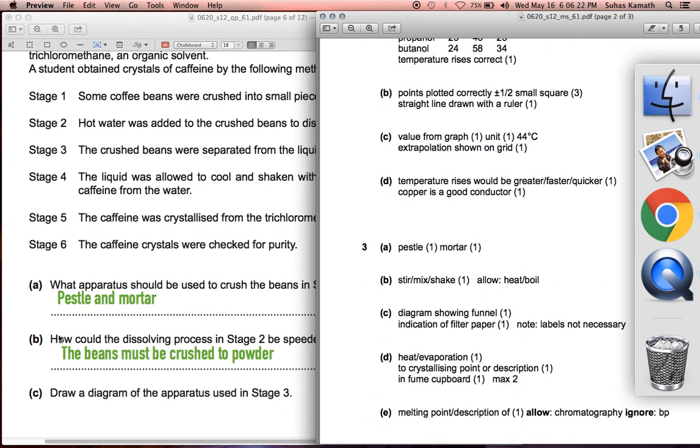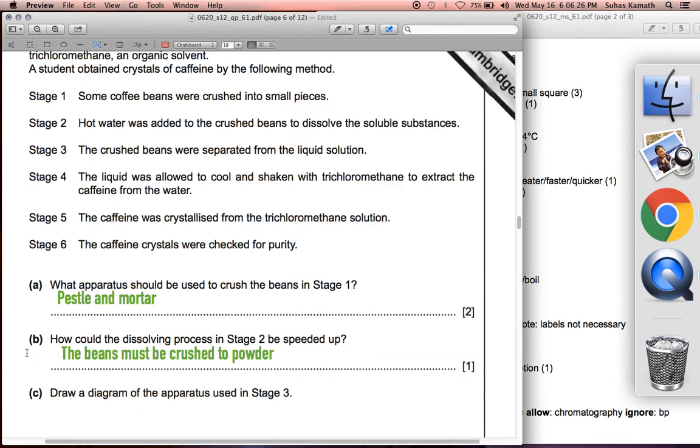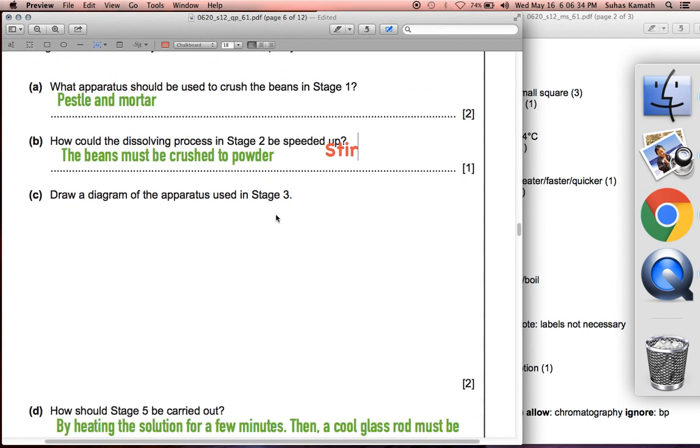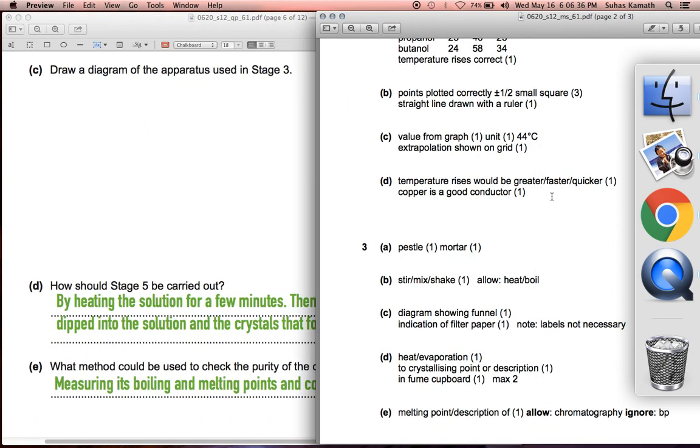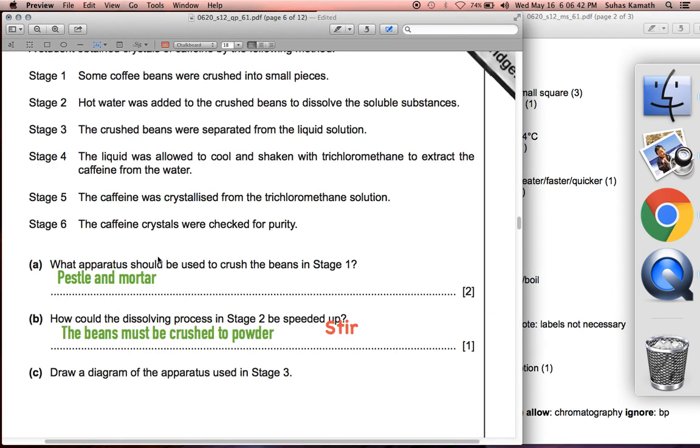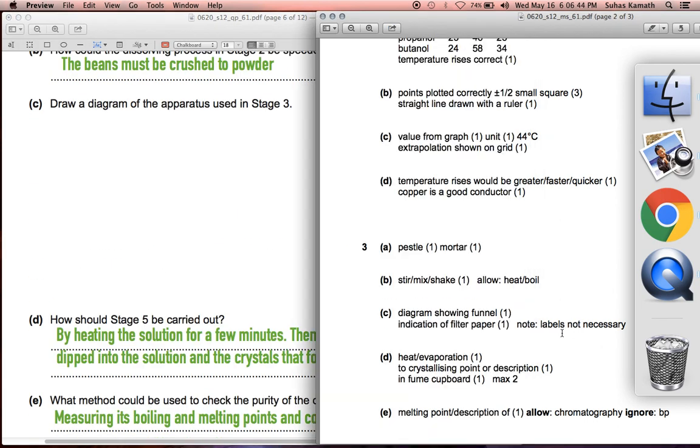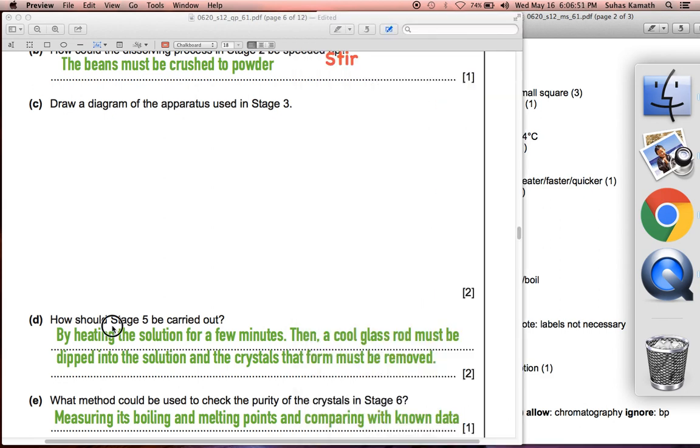Pestle and mortar, the beans must be crushed to powder. Stir. 2 marks. So filtration. So 3 marks. 4 marks. Crystallizing point, or description in fume cover.